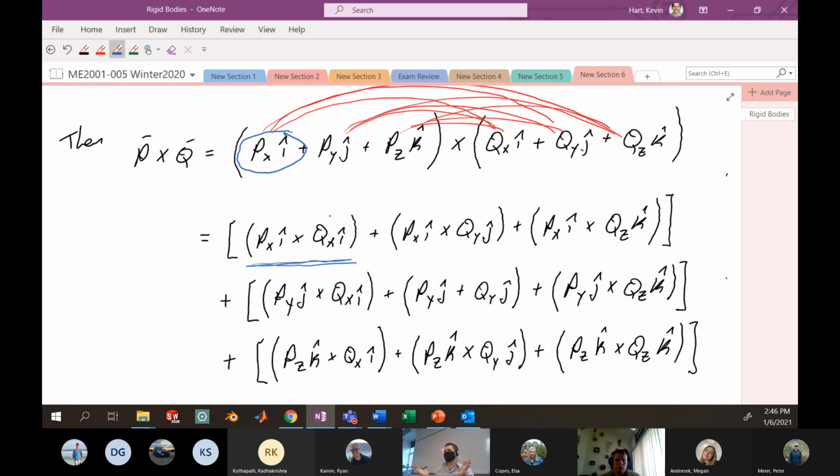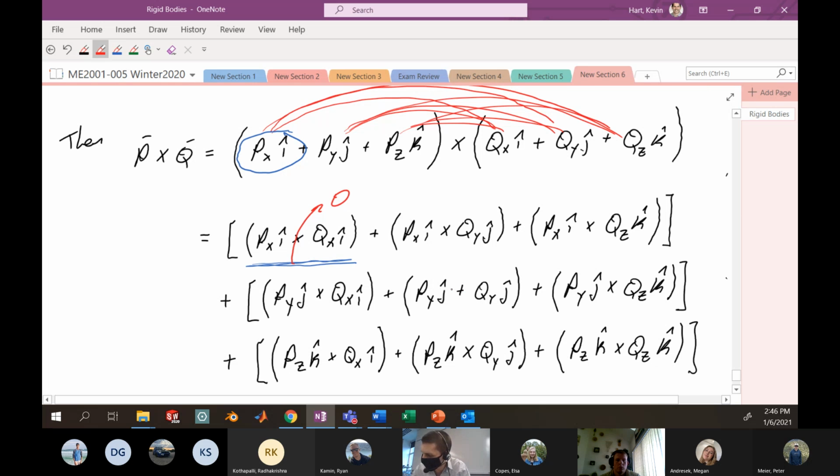If we take the cross product of them, the resulting magnitude is going to include the sine of the angle between them. But if they're right on top of each other, the sine of that angle is 0. So i cross i is going to get me 0, right? So that's something you can see straight away.